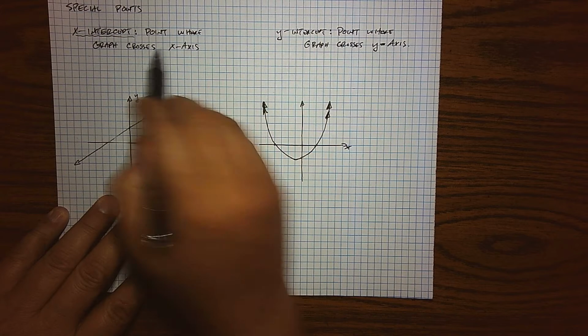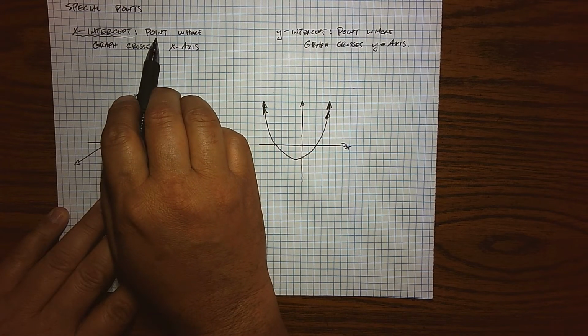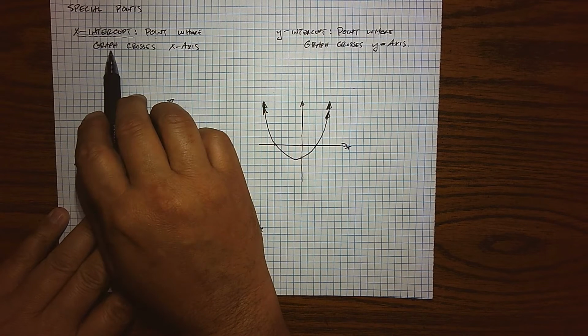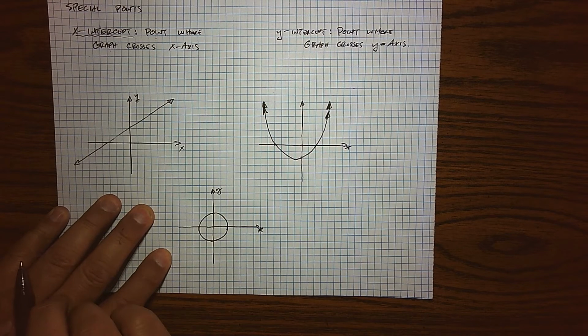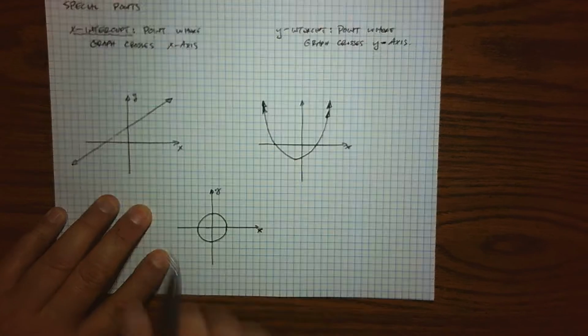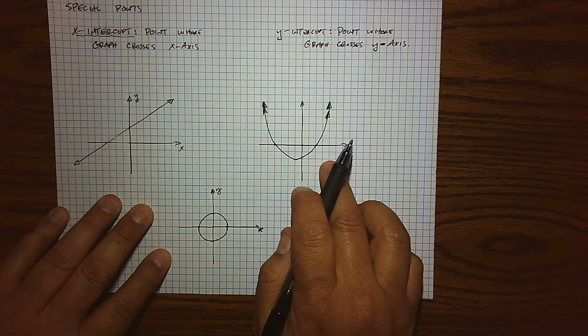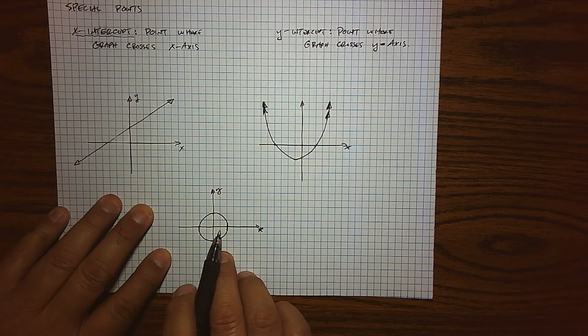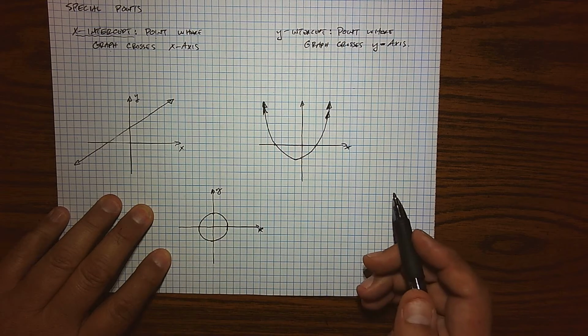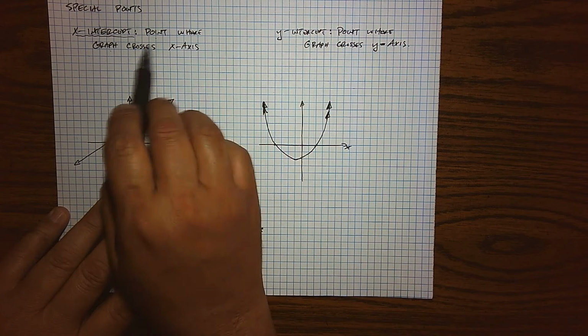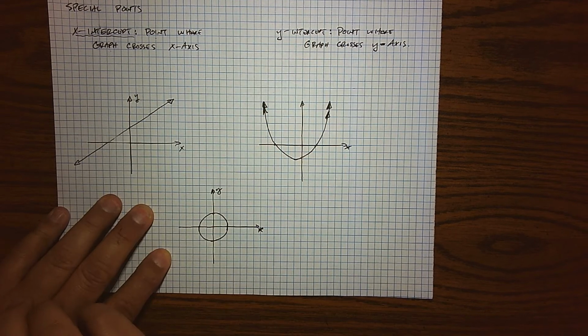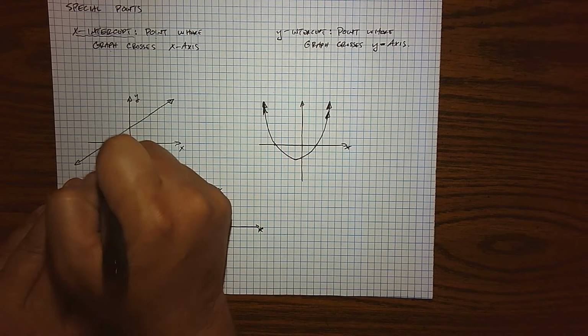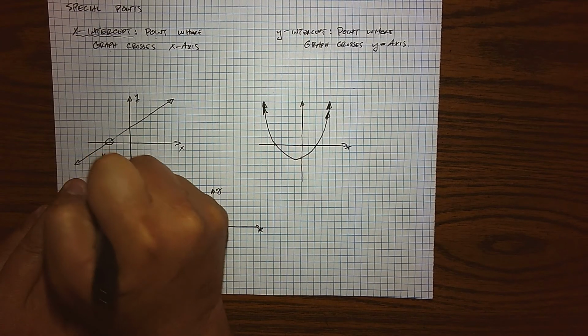A visual definition is it's a point or location where my graph is crossing the x-axis. So I've got three graphs here. I've got a line graph, I've got a parabolic graph, and I've got a circle. So all the x-intercepts are at the locations where my graph is crossing the x-axis. So there would be an x-intercept right there.